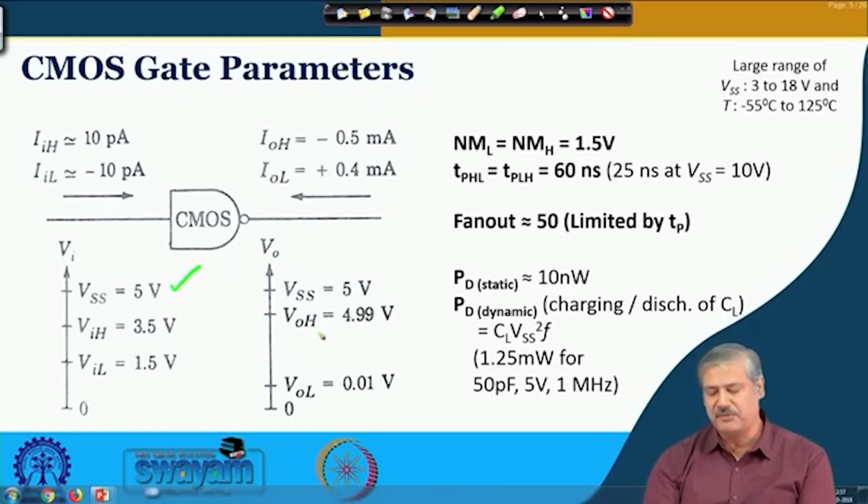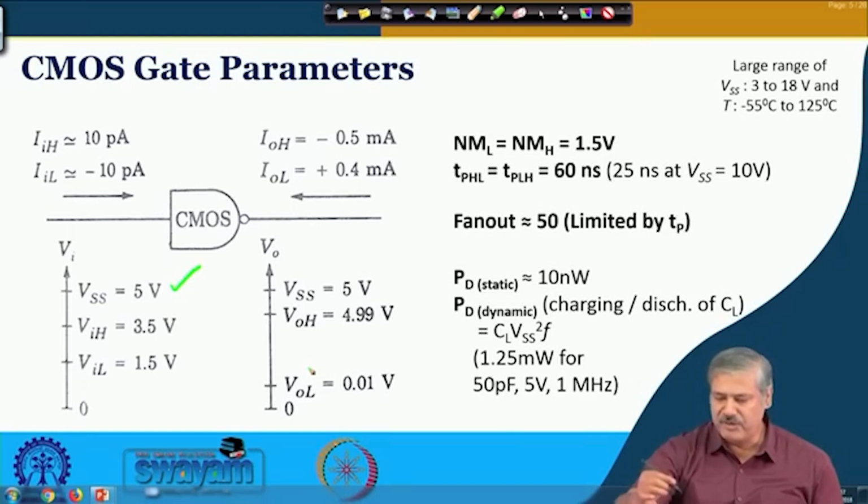VSS is 5 volt, VOH is again almost equal to 5 volt, when VT is equal to 1.5 volt.